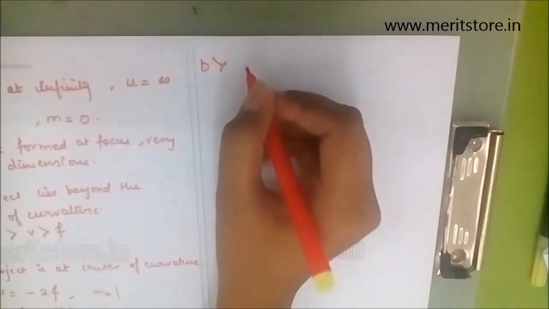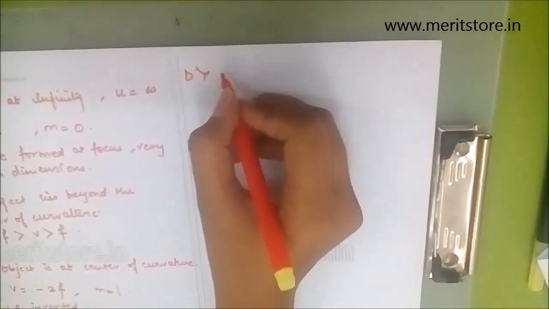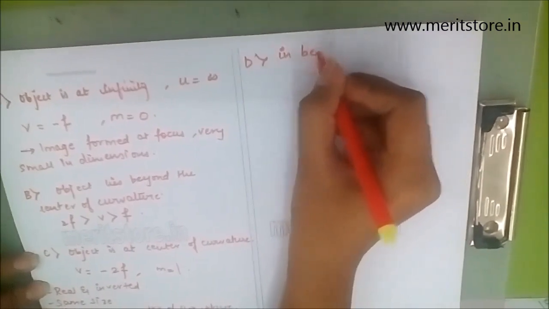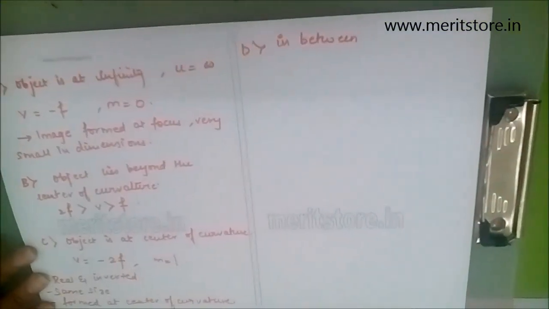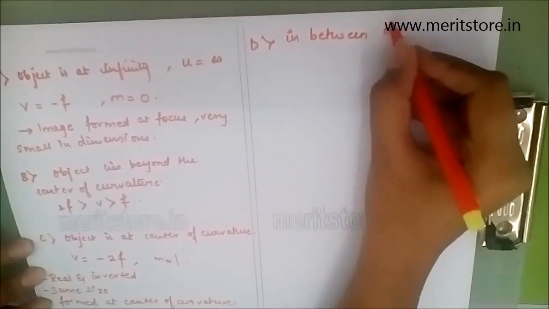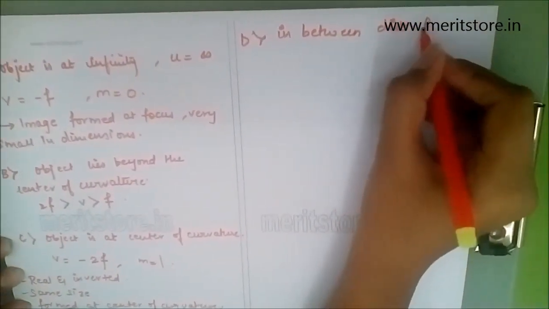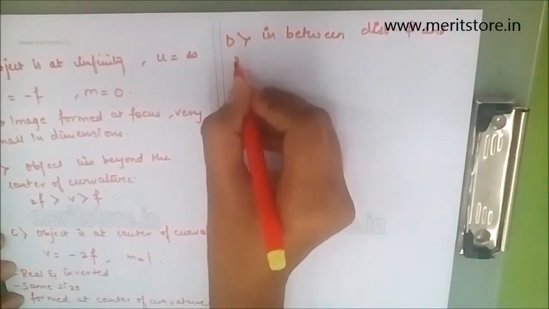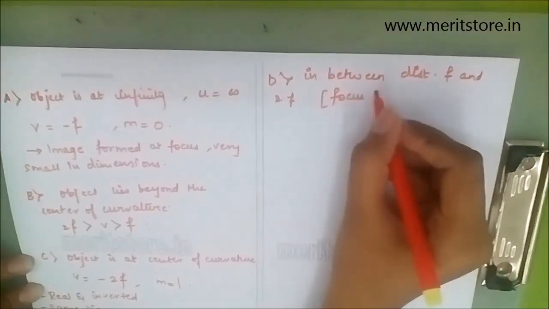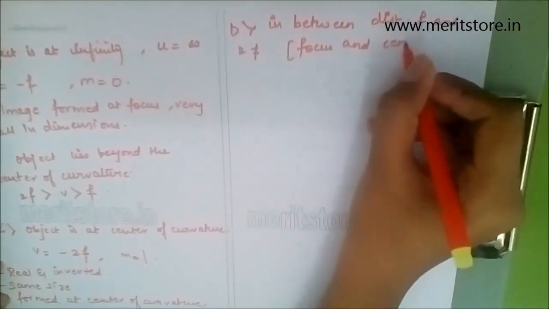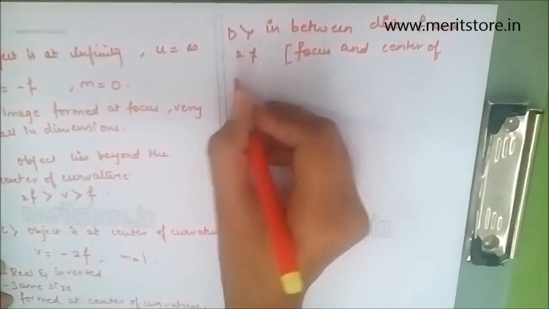Case D, when the object is in between distance f and 2f, that is in between focus and center of curvature.